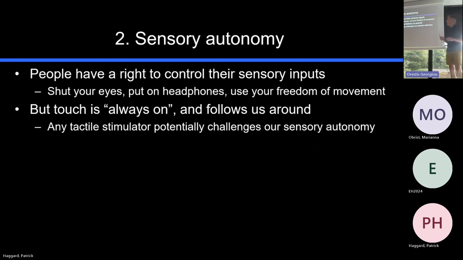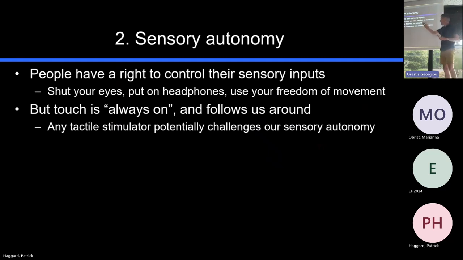And I think this is a really important point in modern society. We need to make sure that we control our individual sensory inputs. And this is, of course, a massive problem for skin sensation and particularly touch, because touch is always on. You cannot switch off your skin in the same way that you can close your eyes or plug your ears or hold your nose.